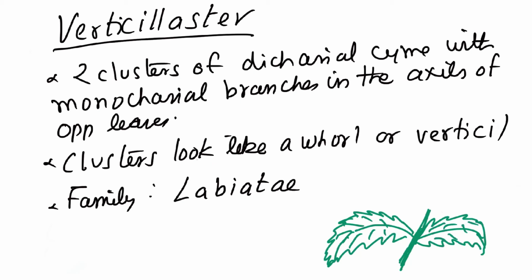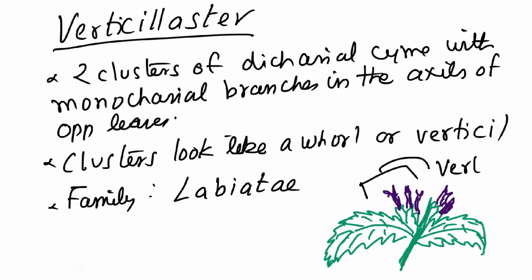That's why it's called a verticil, and that's exactly why this inflorescence is called Verticillaster. So note that point. We have the diagram, and hopefully we are getting a better idea of why this particular inflorescence is called Verticillaster.